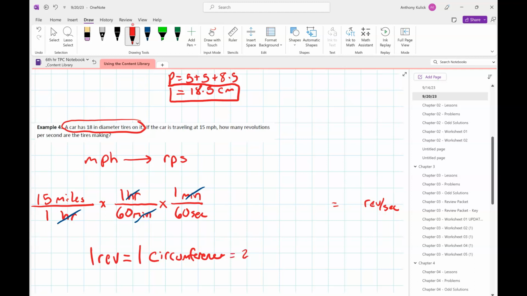So that's going to be 2 pi, and then what's the r in this case? Close. Nine, because we're given not the radius, but the diameter.